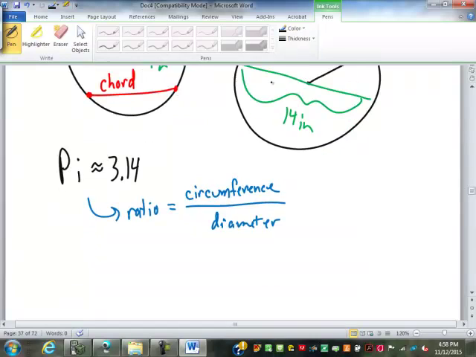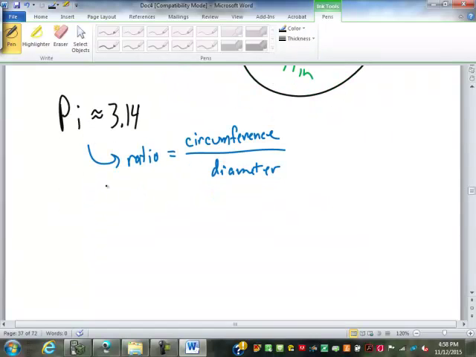Now that knowledge that it's a ratio isn't terribly useful. What is more useful is if I multiplied by the diameter, I would get that the circumference of a circle, capital C, is equal to pi, that little symbol is pi, times the diameter.